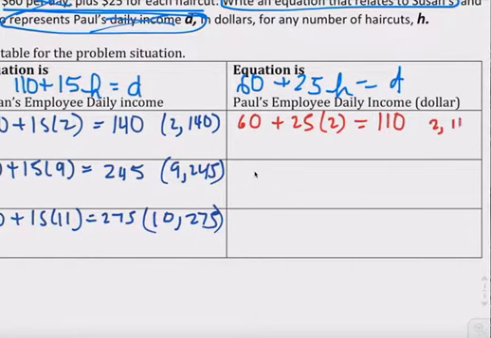So 2, 110. $60 he pays you, $25 per haircut, and you cut 9 hair, equals 225. So 225 plus 60 is $285. I want to make sure, 60 plus 25 times 9, 285.